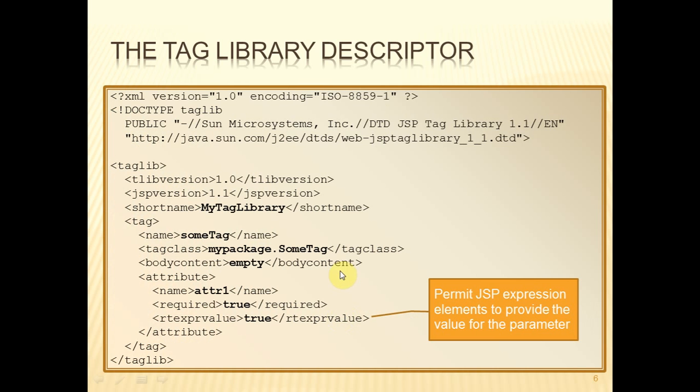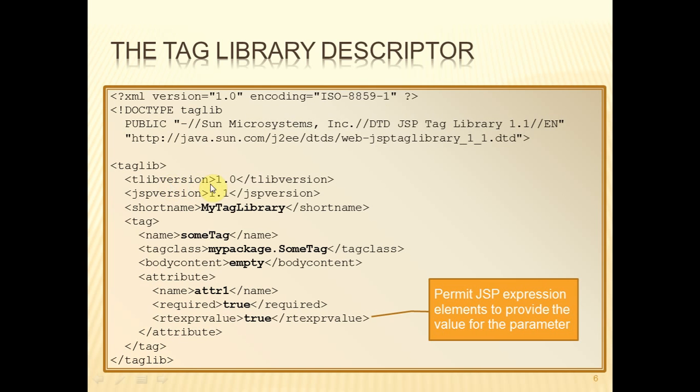So here's an example. We have the first few lines here, which are just standard. So copy those, paste them in, and then move on. We then have the taglib tag. This is the root tag, the root element within the XML file. And so there's only one of those per TLD file.